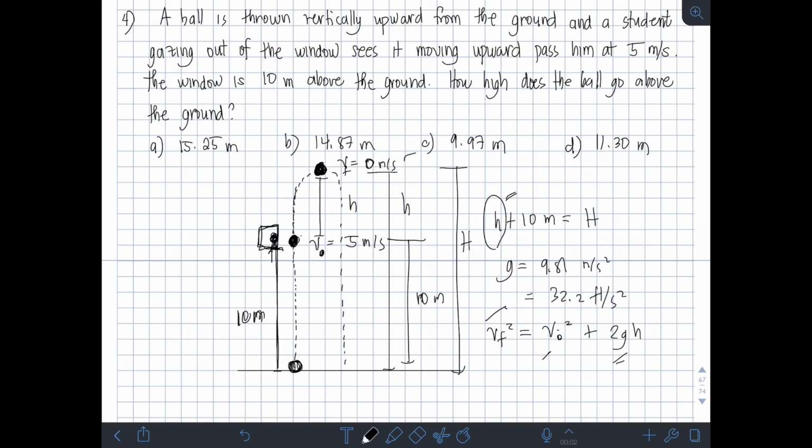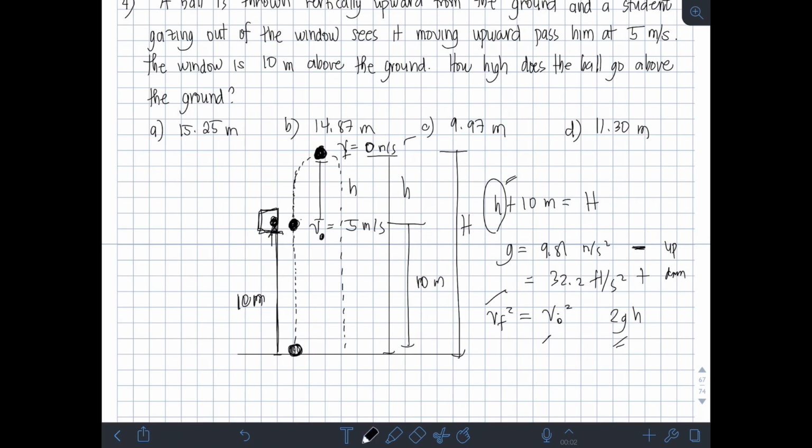Kapag upward yung motion natin, gagamitin natin is negative G. Kapag downward, positive. Okay, so negative siya kapag upward kasi against the motion ng gravity natin, right? Pag acceleration due to gravity, pababa. So, therefore, gagamitin natin dito is minus G.